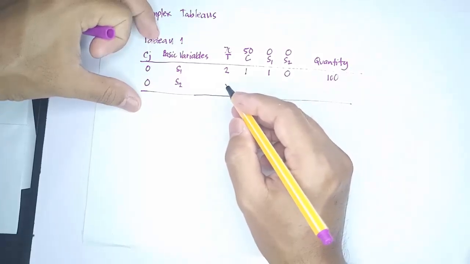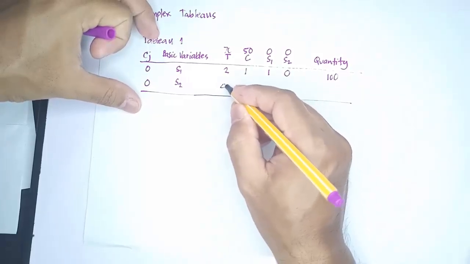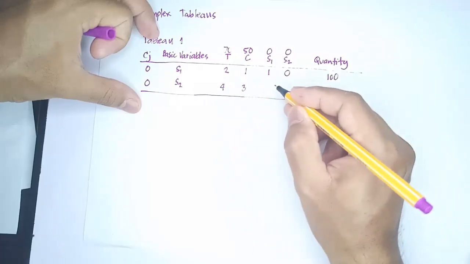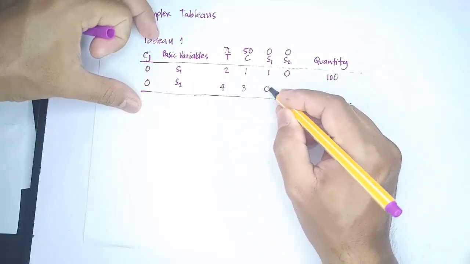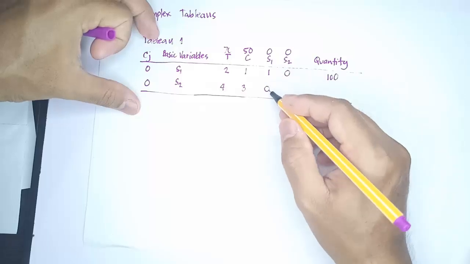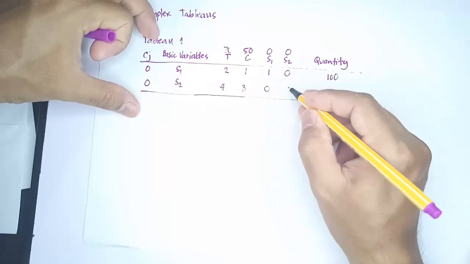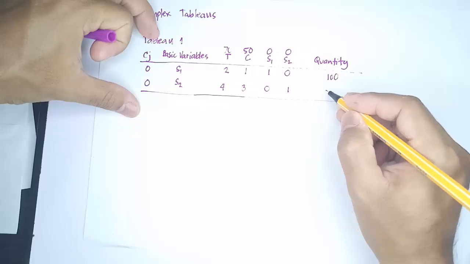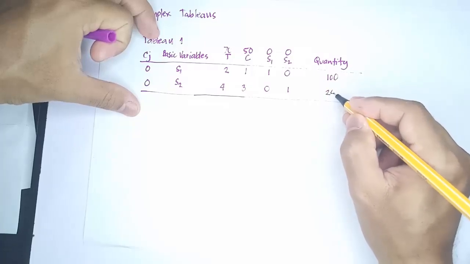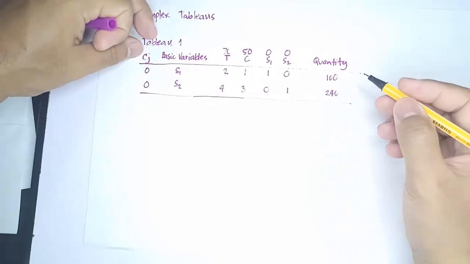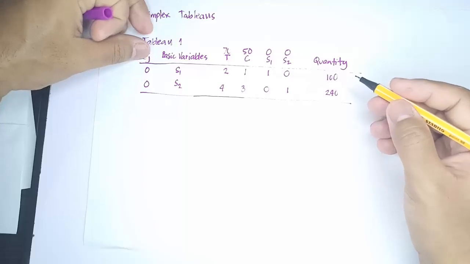For the second constraint, that's 4T plus 3C, again 0 for S1 since it is not part of the second constraint, and then 1 for S2, equal to 240, the right hand side of the second constraint.